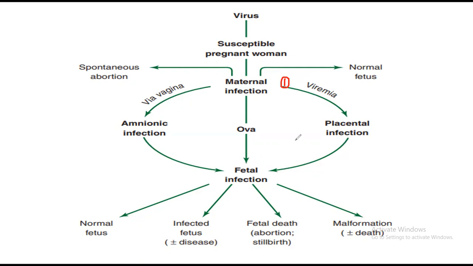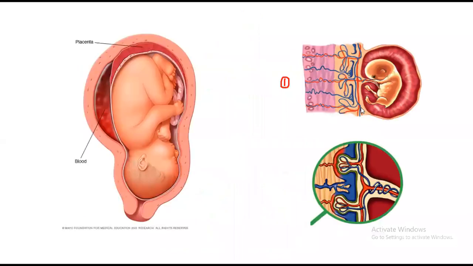If I show you a specific example of it, just look here. For example, this is a fetus inside the mother's womb, and this is the placenta. This is the zoomed picture of the placenta. Just look here, these are the arteries and the veins of the placenta, and here is the umbilical cord.